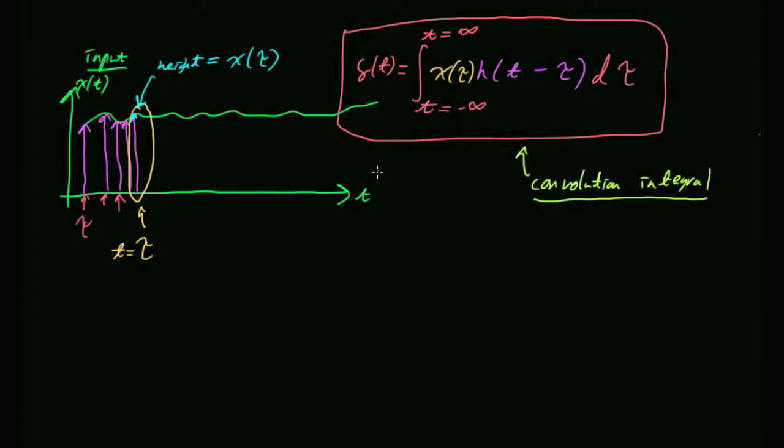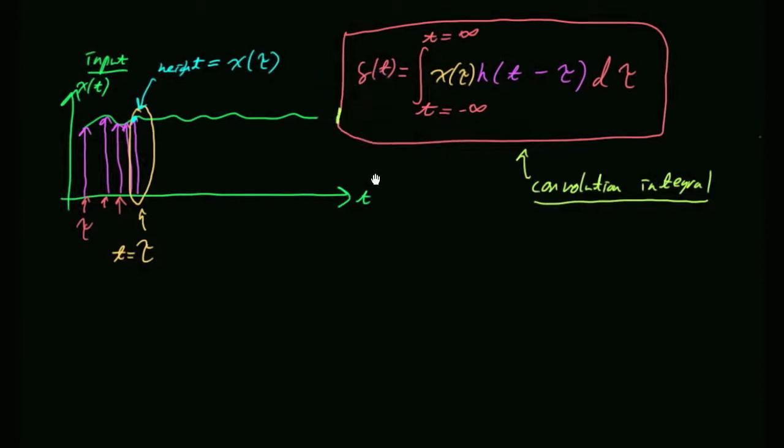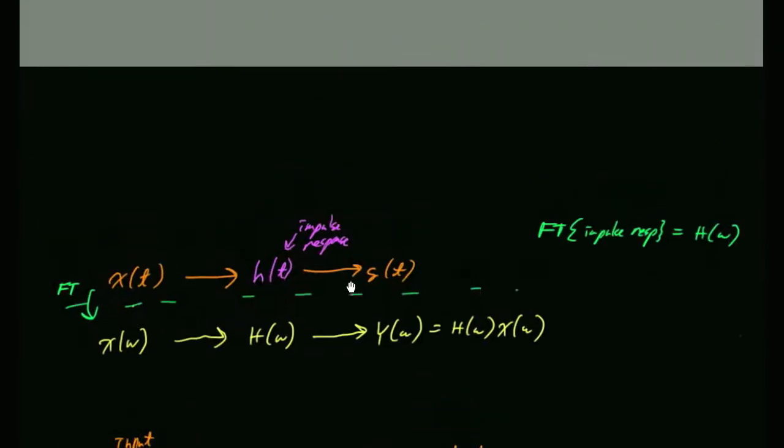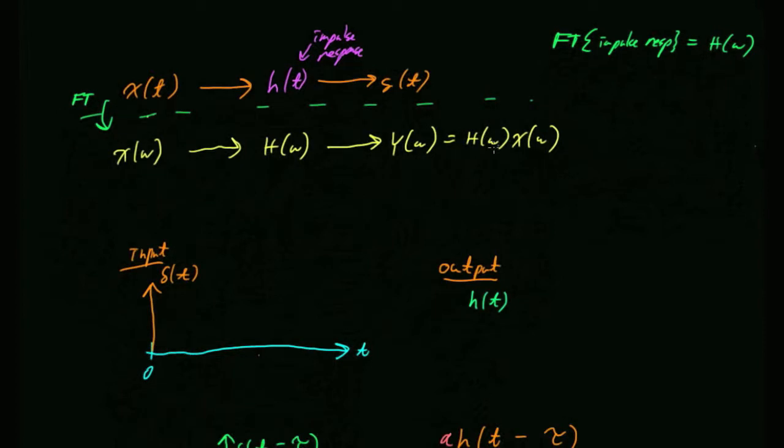So right away you've learned something interesting. In the frequency domain, you calculate the output by multiplying the Fourier transform of the input with the transfer function. But the equivalent operation in the time domain is not to multiply x and h.